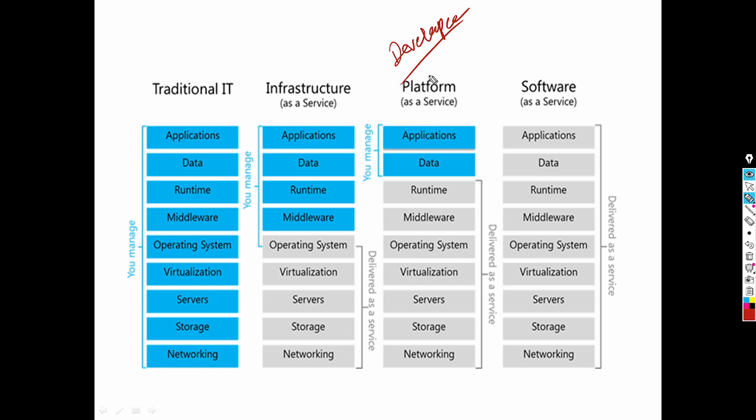If you are a startup company without resources to manage these things, you can take platform as a service. In infrastructure as a service, you have to manage the operating system, middleware, and runtime, so patching and all those things are managed by the cloud consumer.